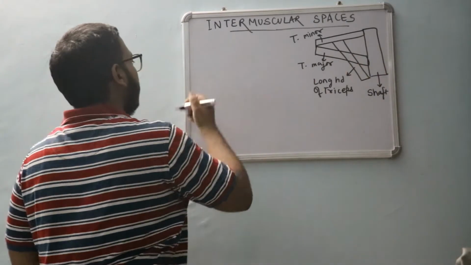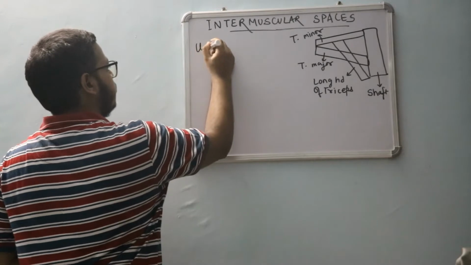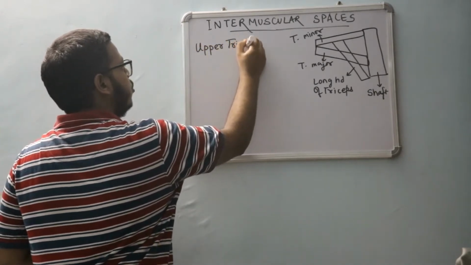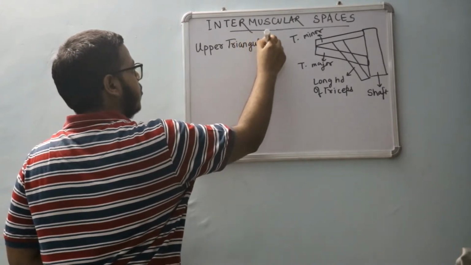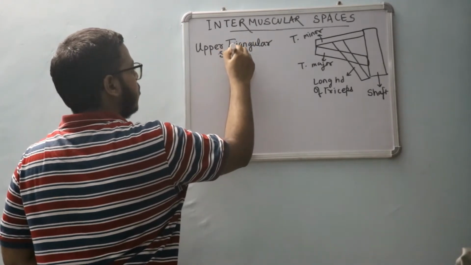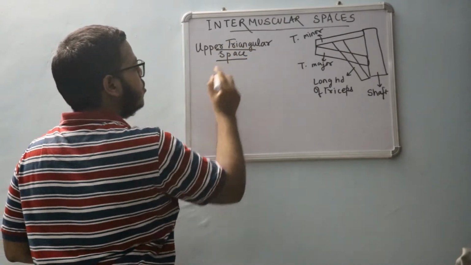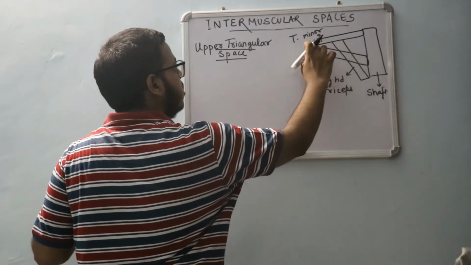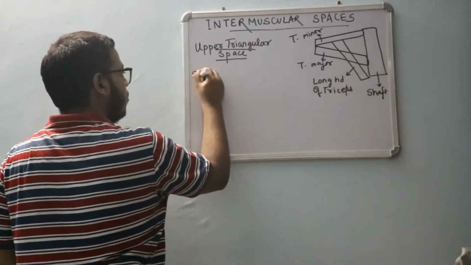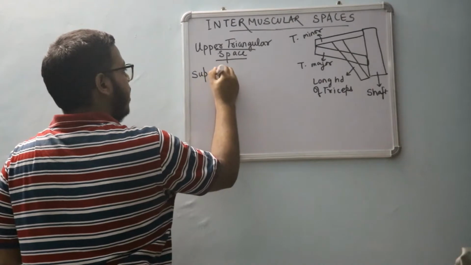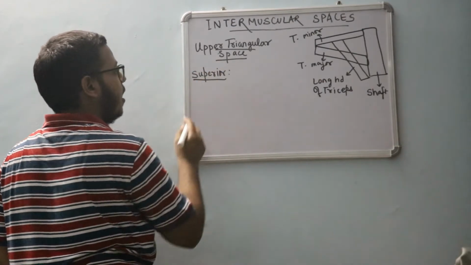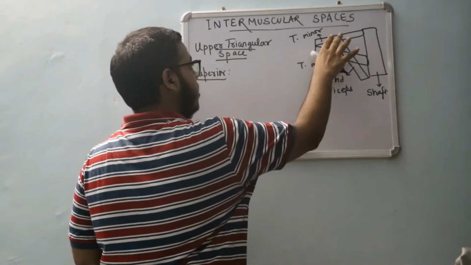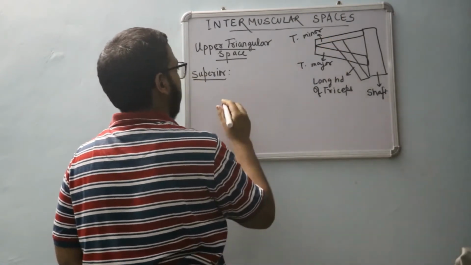So let us see the upper triangular space first. We will discuss the three boundaries. The superior boundary is formed by the teres minor muscle, to be precise, the lower border of the teres minor muscle.